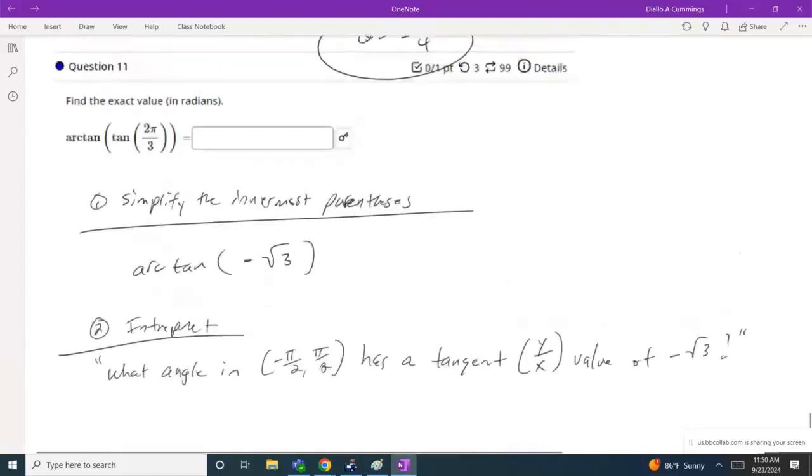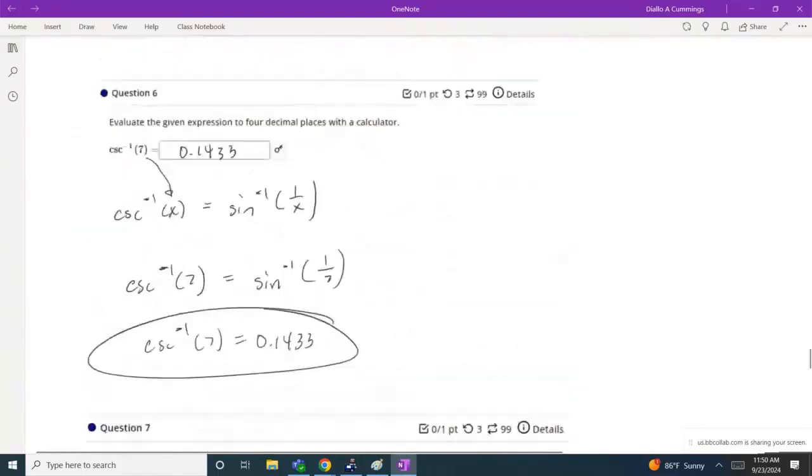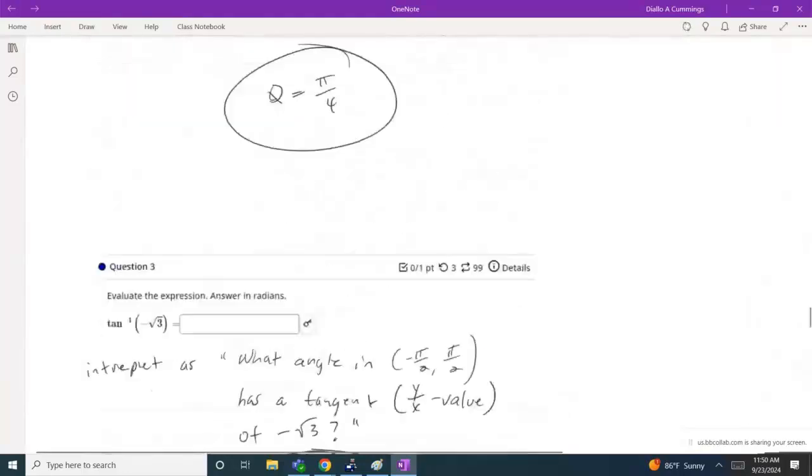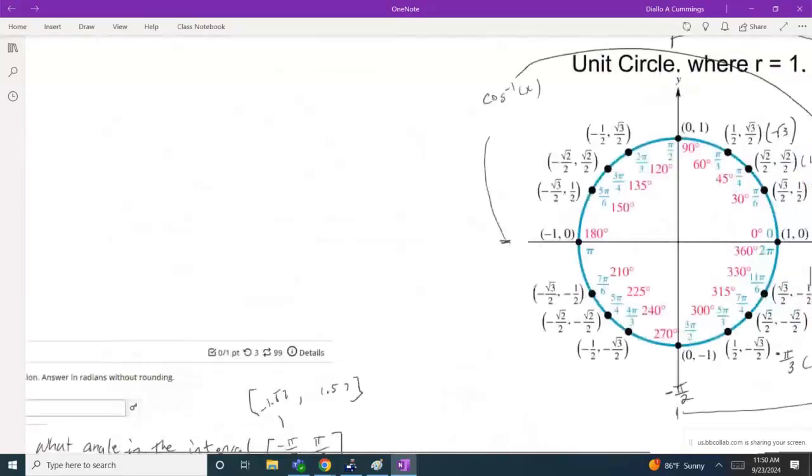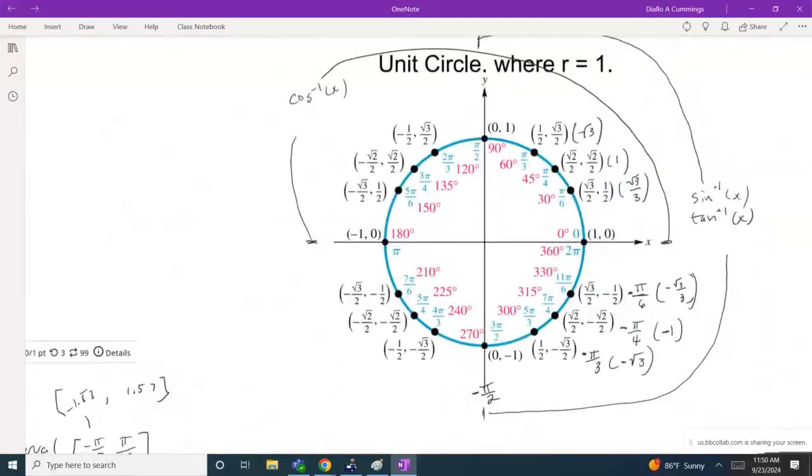If we use a unit circle, we look on the right-hand side of the unit circle, and notice we jotted those tangent values in earlier. The angle that has a tangent of negative square root of 3 looks like it's negative pi over 3.